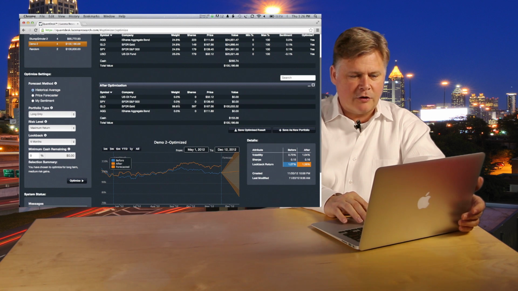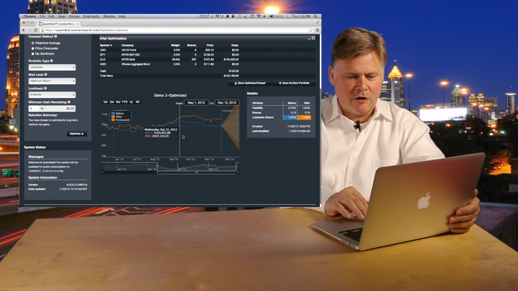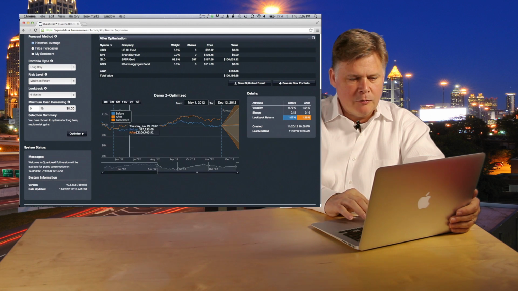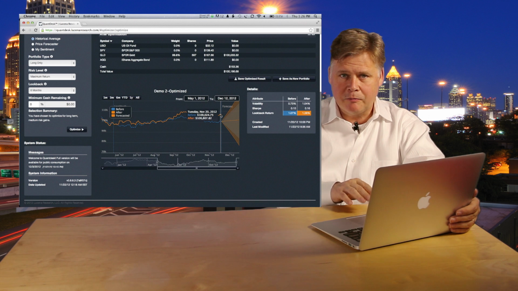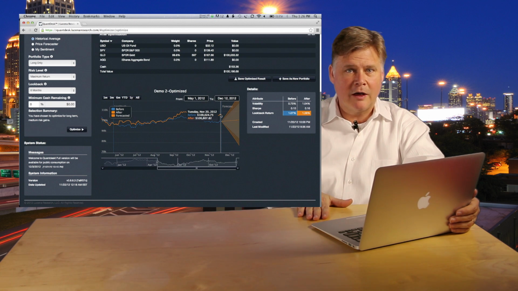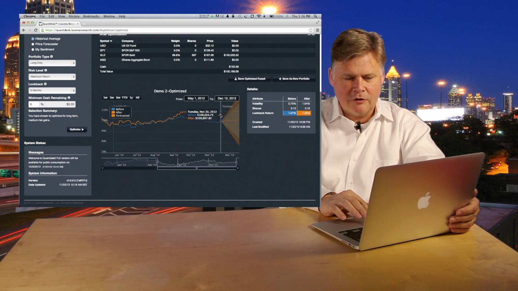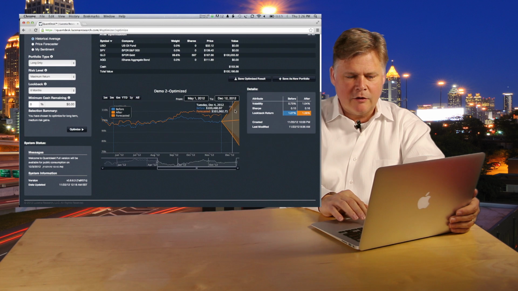it essentially puts 100% of the holdings into GLD. And you can see this chart along the bottom. The blue line is what we started with, our original portfolio, and the orange line is what we would have made if we had put all our eggs into gold. And as you can see, going forward, there's a forecast volatility and a forecast return.